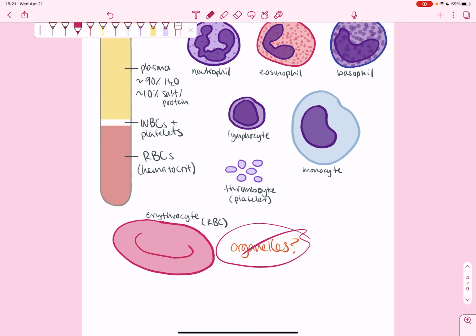And instead, what color should I use? I want to use red, because that's what makes red blood cells red. Hemoglobin. It's hardly legible.